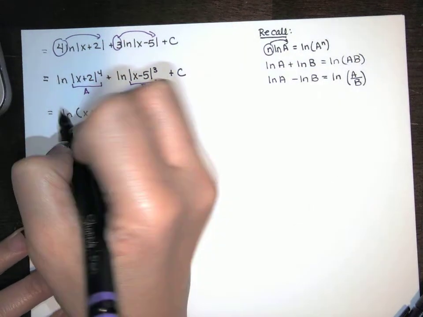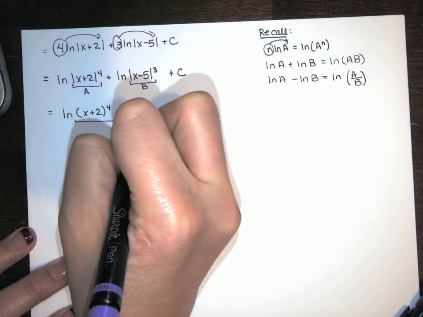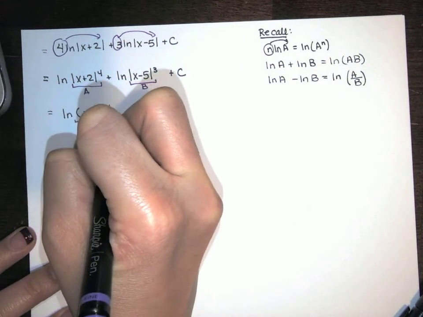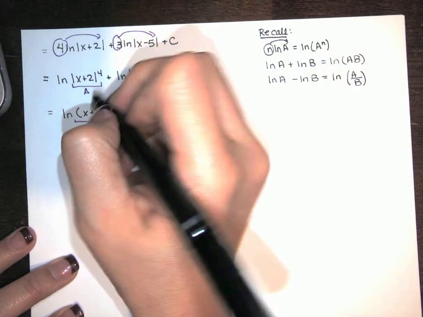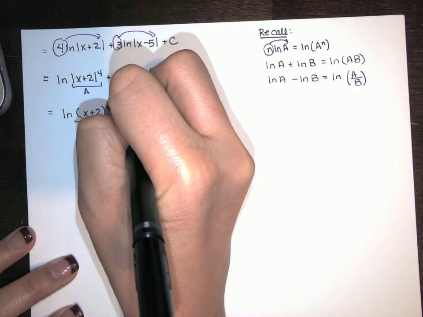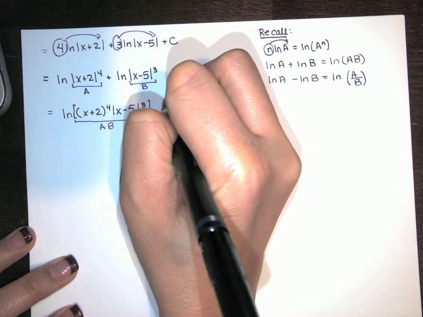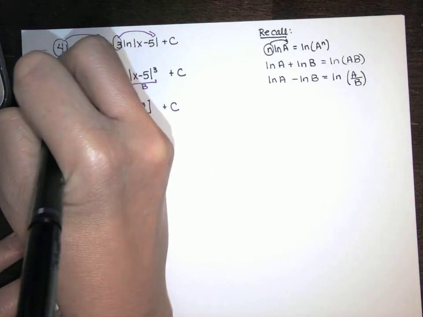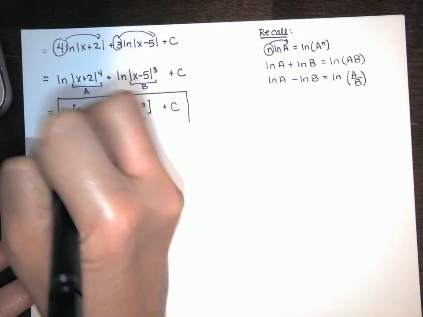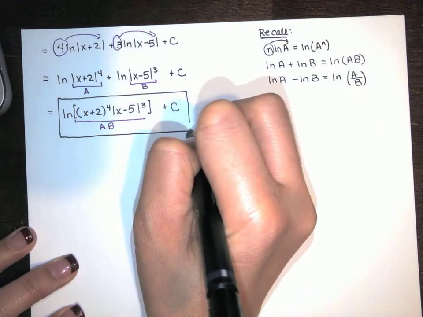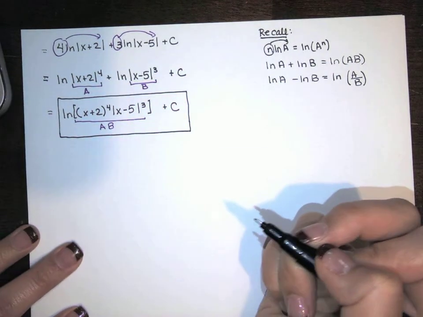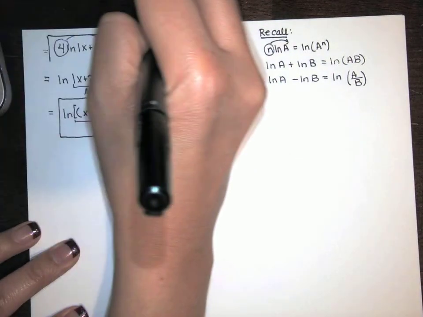And according to the rule, this is log of a times b plus c. So that may be the answer that's in the back of the book. Okay, but this is fine for us.